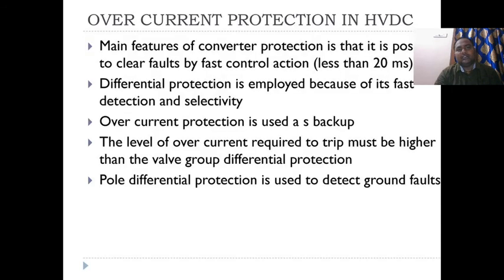In the previous section, they clearly mentioned that the main feature of converter protection is that it is possible to clear faults by fast control action. Mainly we use differential protection because of its fast detection and selectivity.